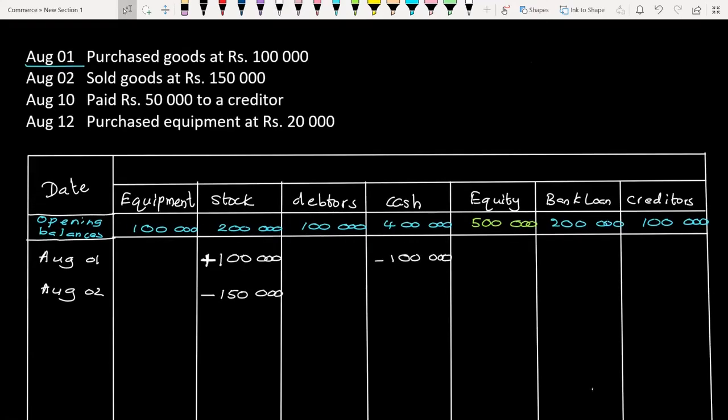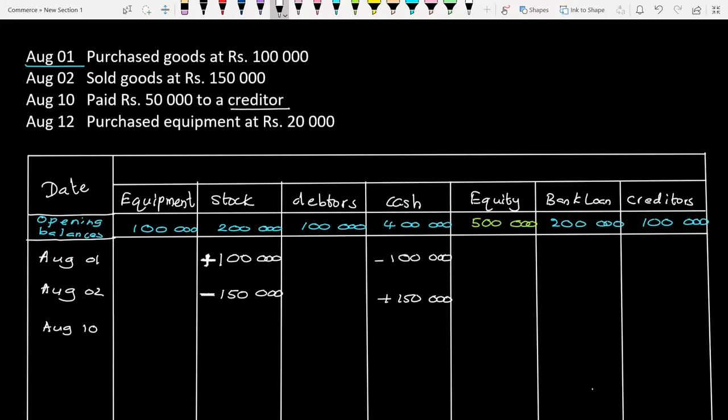This plus mark means there is an increase of the value, and the minus mark means there is a decrease of the value. So stock decreases by 150,000 and cash increases by 150,000, because the business receives cash when it sells its goods. Then the next transaction on August 10th, paid 50,000 to a creditor.